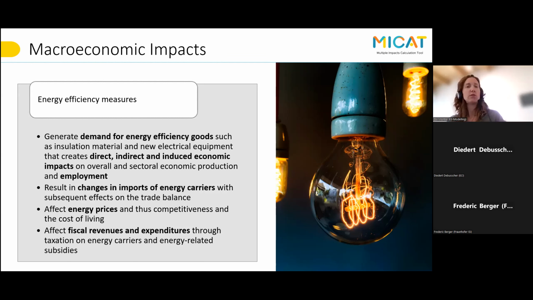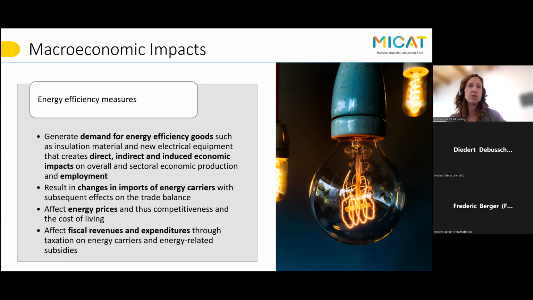The indirect relate to the intermediate products that participate in the value chain of these energy efficiency goods and bring these indirect economic effects. And then the induced economic impacts are those that come from the overall effects that we see in the economy. And also these bring related employment implications.